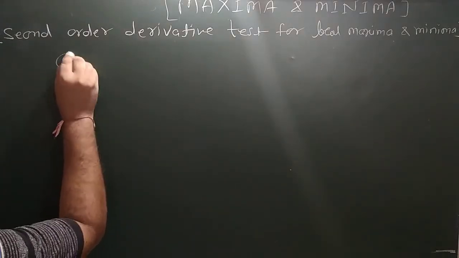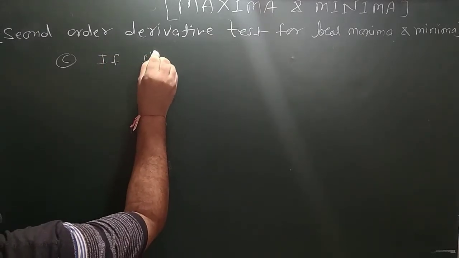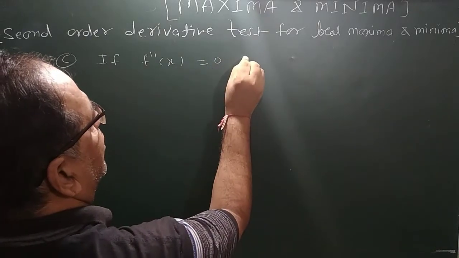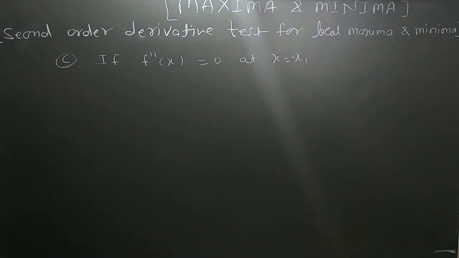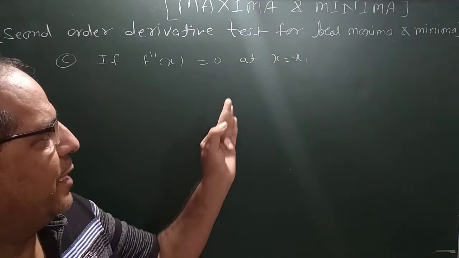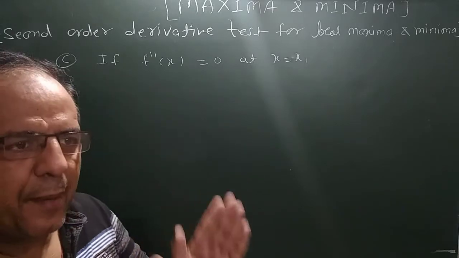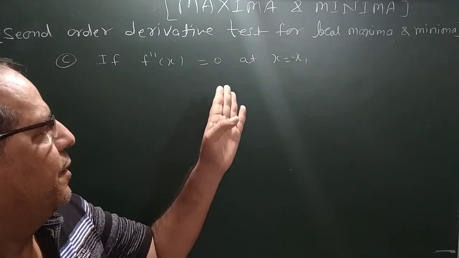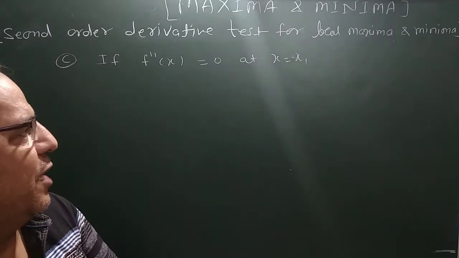Condition C: f double dash x equal to 0 at x equal to x1. This is the third observation. If f double dash x is negative, then f(x) has a local maximum at x equal to x1. If f double dash x is positive, then f(x) has a local minimum at x equal to x1.